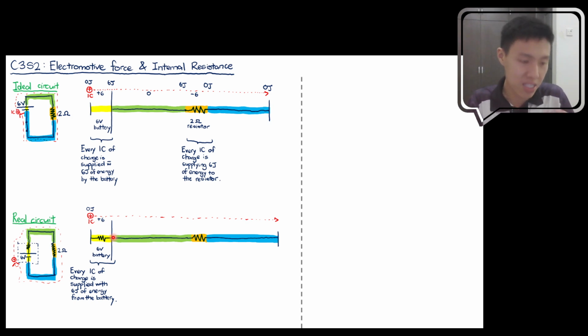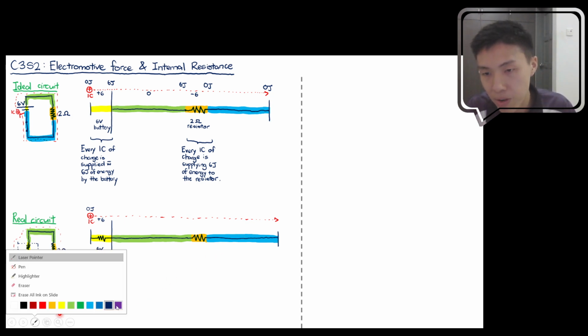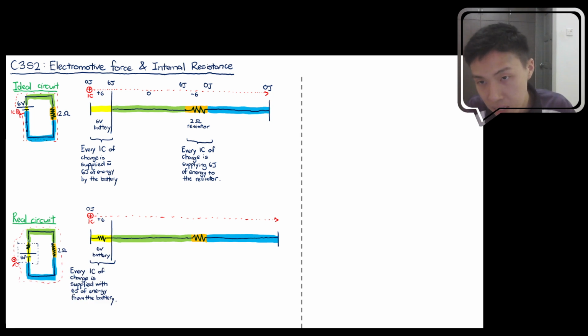It means all these chemicals inside a battery are not perfect conductors either. So if they are not perfect conductors, they will take up a bit of energy for the charge to pass through the battery. So for the 1 coulomb charge to pass through a battery, there will be some energy that needs to be used in order to get through the battery. So you actually use up some amount of energy. I'm going to write it as minus X in order to get through the battery material.